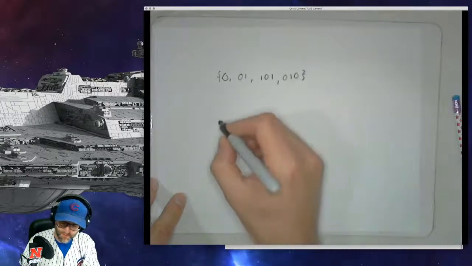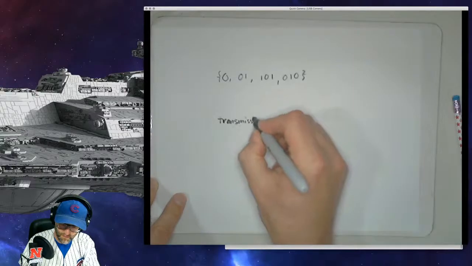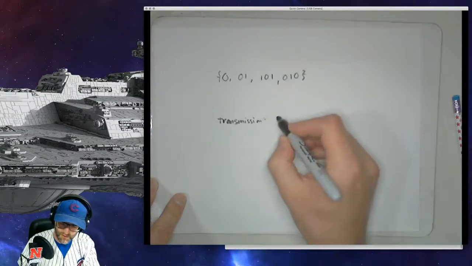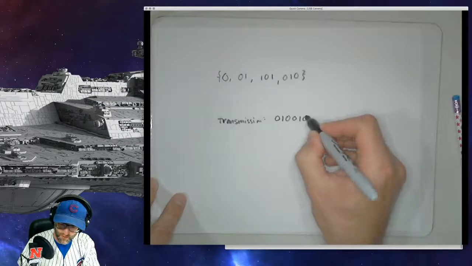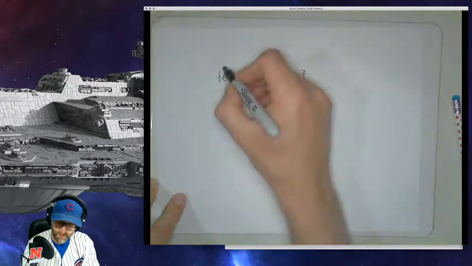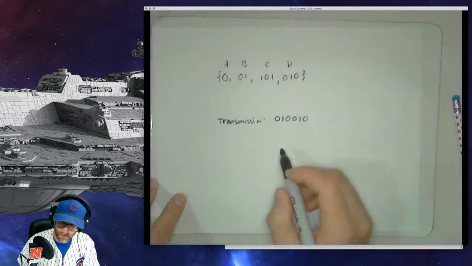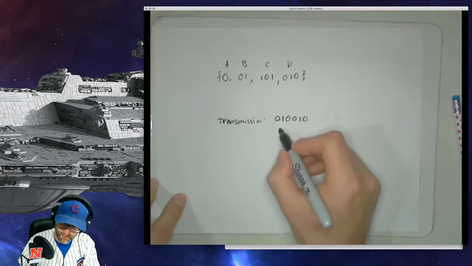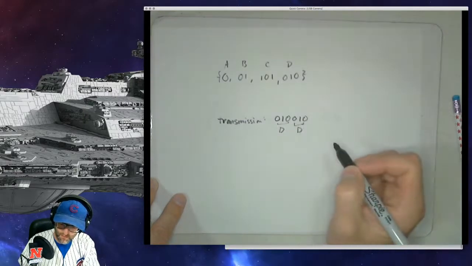So what if this was my transmission? What if at the other end you receive the following: 010010? How would you decode that if this represented A, B, C, and D? Right? Well, I could represent this as two D's, right? D, this one, D, D, right?